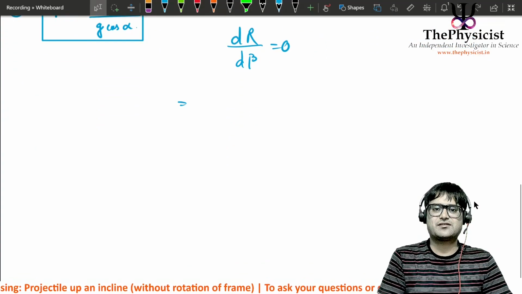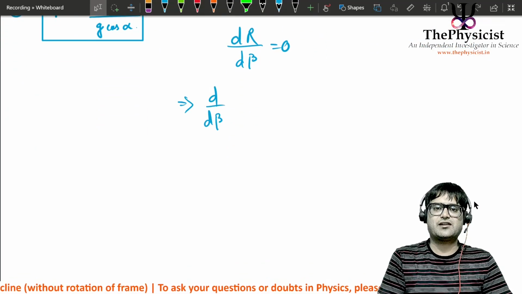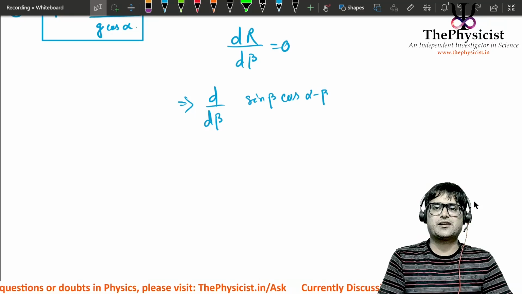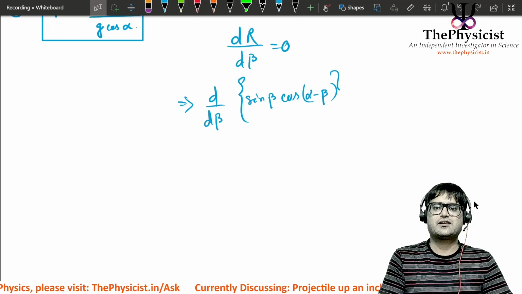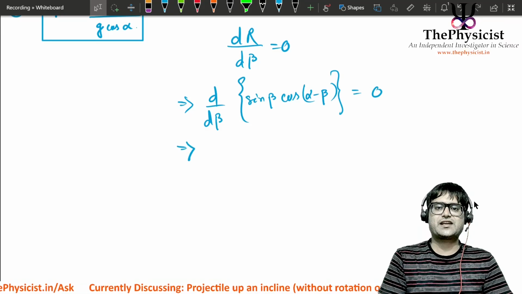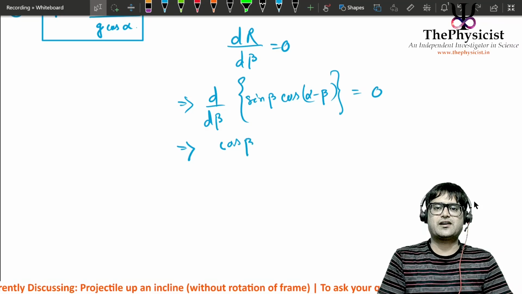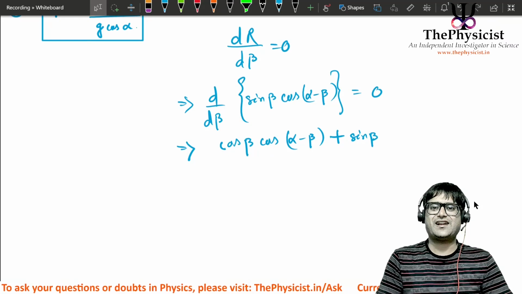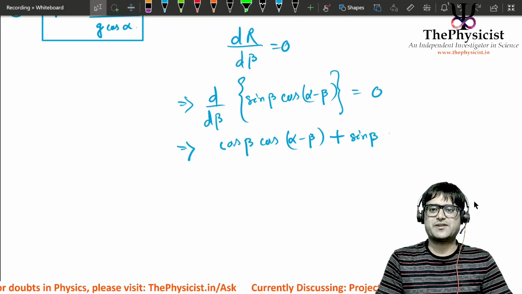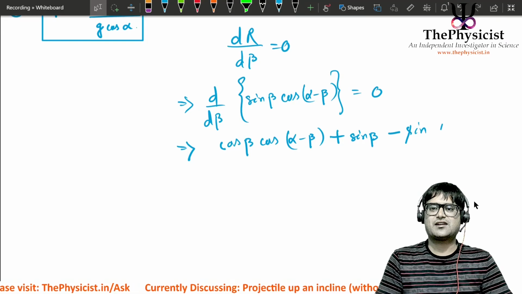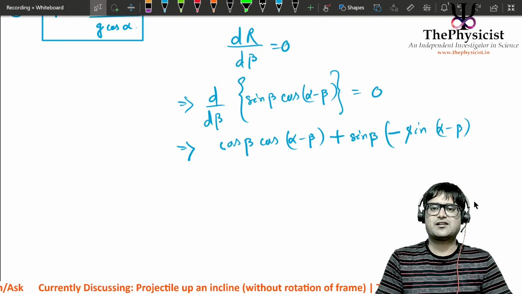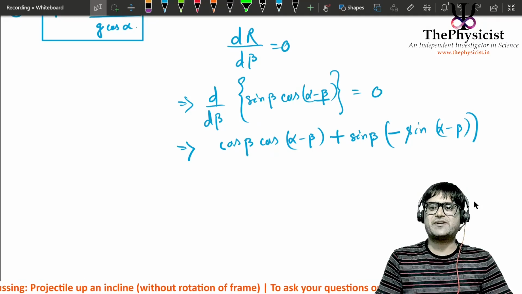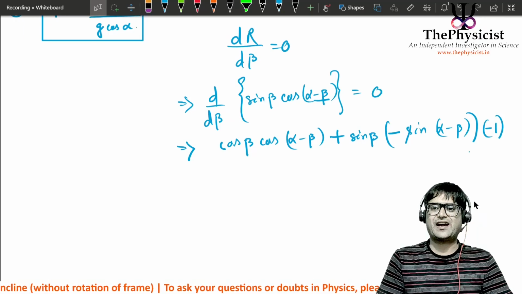That means d upon d beta of sine beta cosine of alpha minus beta will be 0. So in this case, it is going to be cosine of beta into cosine of alpha minus beta, then plus sine beta into the derivative of cosine alpha minus beta, which is minus of sine alpha minus beta, but then differentiation of alpha minus beta is minus 1, and that is equal to 0.